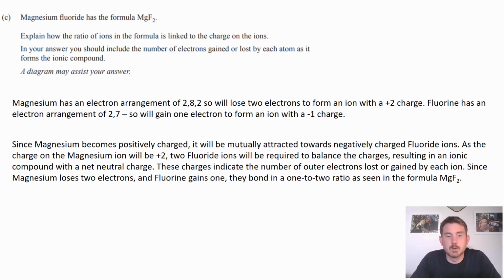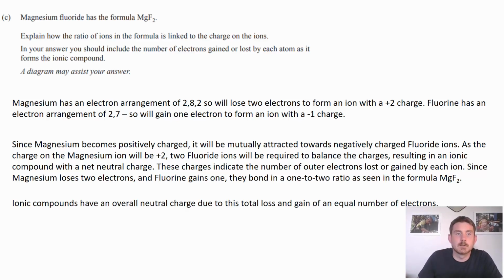Since magnesium loses 2 electrons and fluorine gains 1, they then bond in a 1:2 ratio, as seen in the formula. And that's an excellence level answer. I've just added this little note at the bottom. Ionic compounds again have an overall neutral charge due to this total loss and gain of an equal number of electrons.